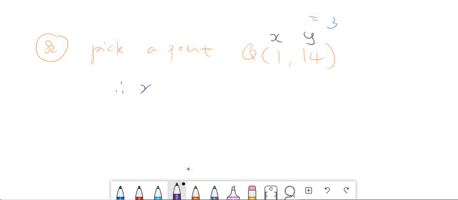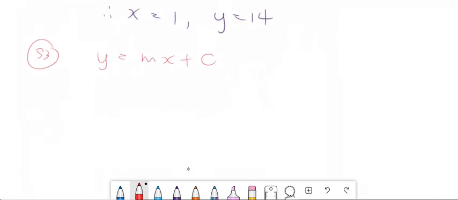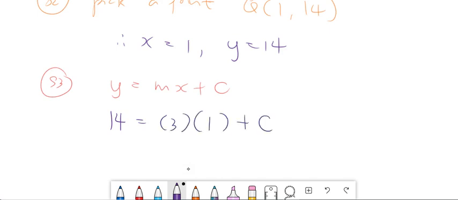From here your x is 1, your y is 14. After that, don't forget y equal to mx plus c. Substitute all your values in. Your y is 14, your m is 3, your x is 1. So your c will be 14 minus 3, you have 11.